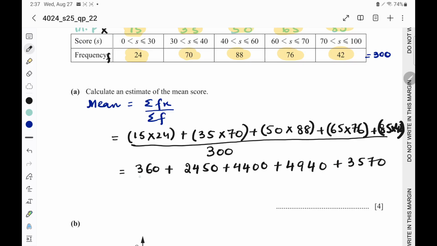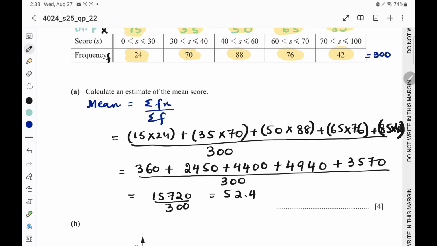You will have to show each and everything because it has 4 marks. You cannot write everything directly in one step. Add all of them: the numbers equal 15,720 divided by 300, and then you will get 52.4 as the answer for the mean of this data.